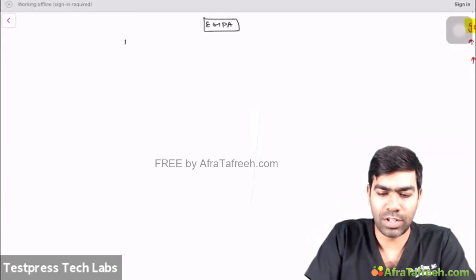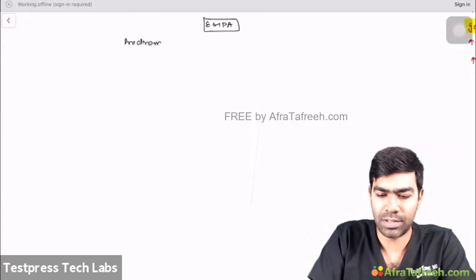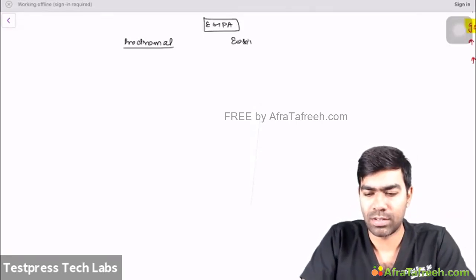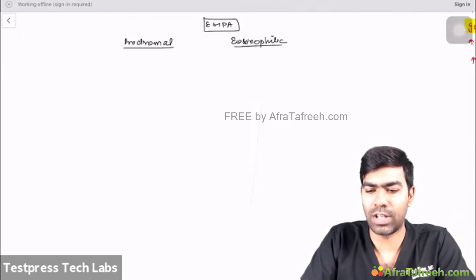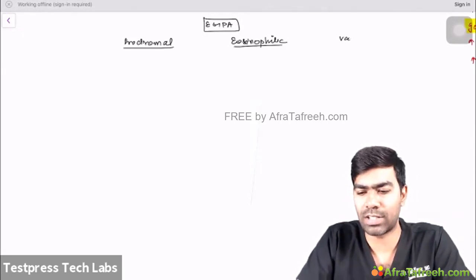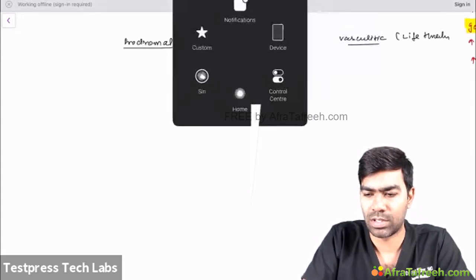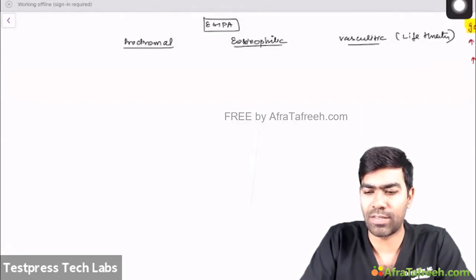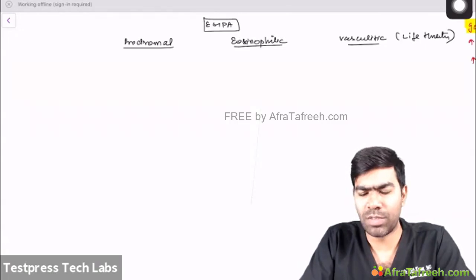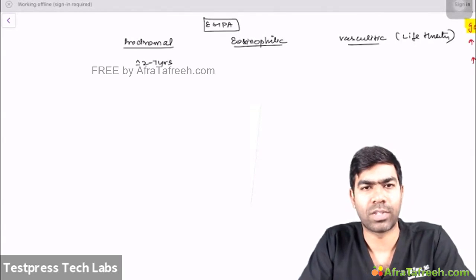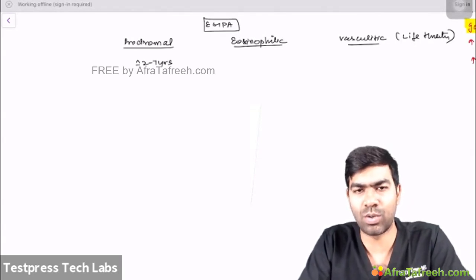The first one we typically call the prodromal phase, the second the eosinophilic phase, and the third the vasculitic phase. This is the time where they will produce life-threatening vasculitis. The prodromal phase usually takes place for approximately 2 to 7 years. It can vary, but still usually it is around 2 to 7 years.